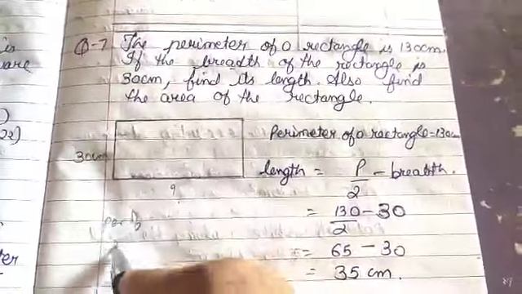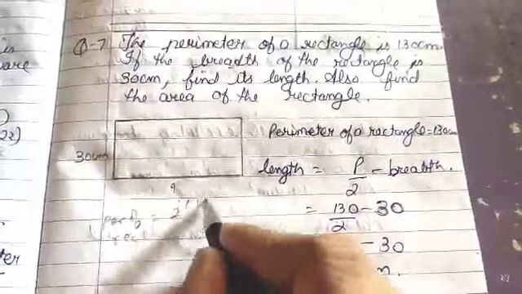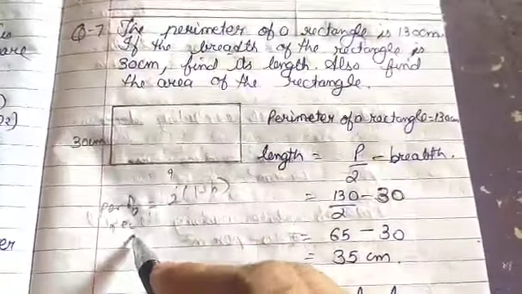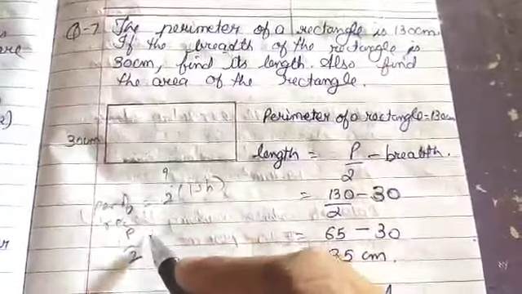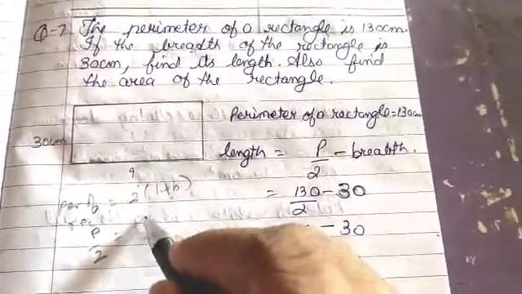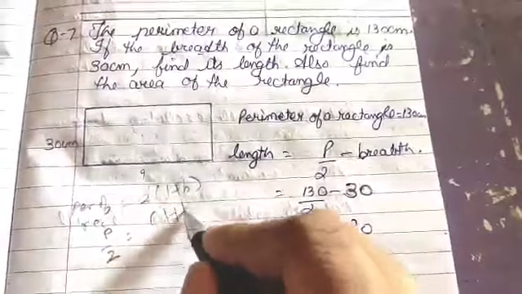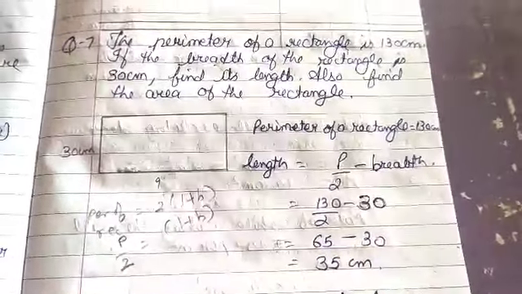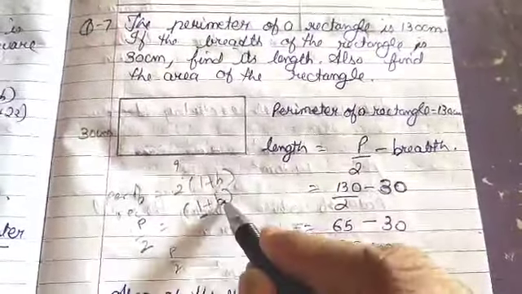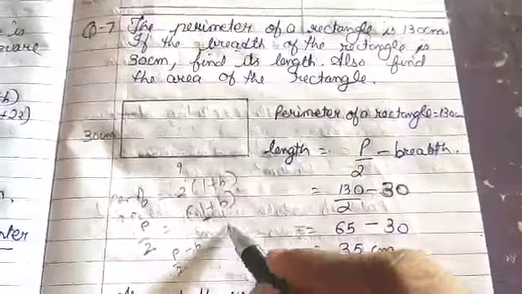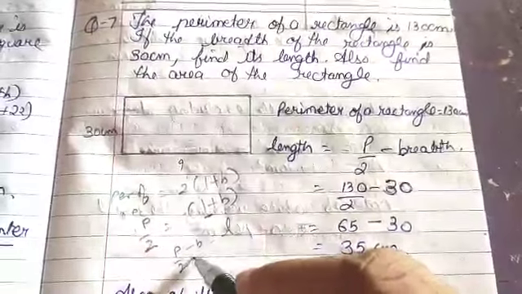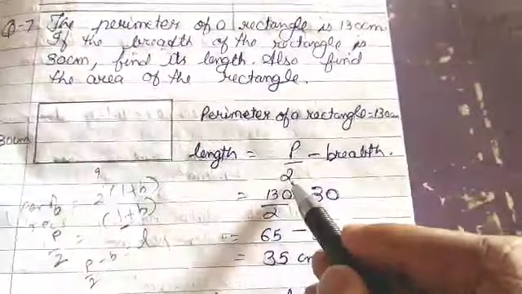Perimeter of rectangle equals 2 times L plus B. Take P for perimeter, and the 2 will come down, leaving L plus B. Now dear student, if it is asked to find the length, B will go to this side, so minus B equals length. If it is asked to find B, then L will go to the other side. This is how the formula is created. So length is perimeter divided by 2 minus breadth.